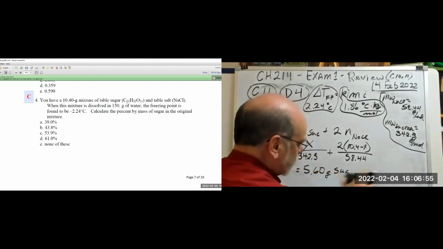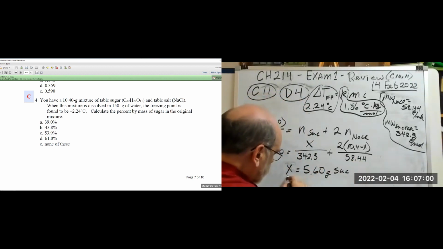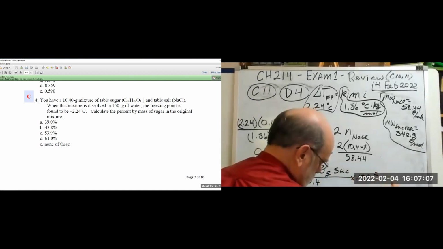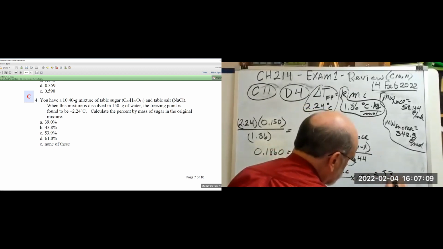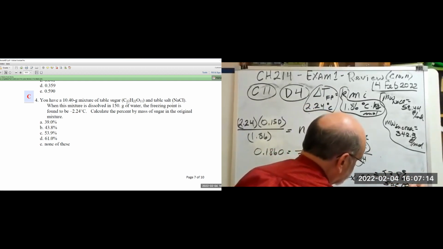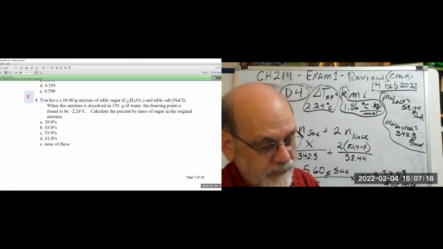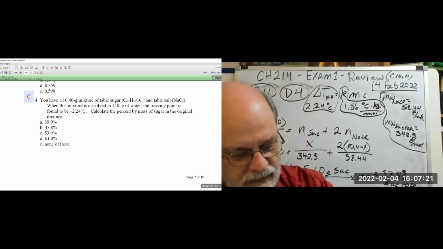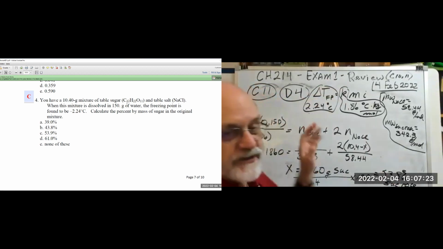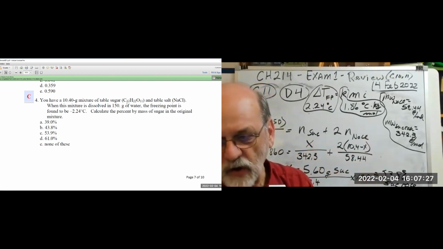And if we divide that by the total, 10.4 times 100, we get 53.8% sucrose. Okay. I know we had to go around the barn several times to get to that one, but it used a lot of different smaller pieces to get to the whole.